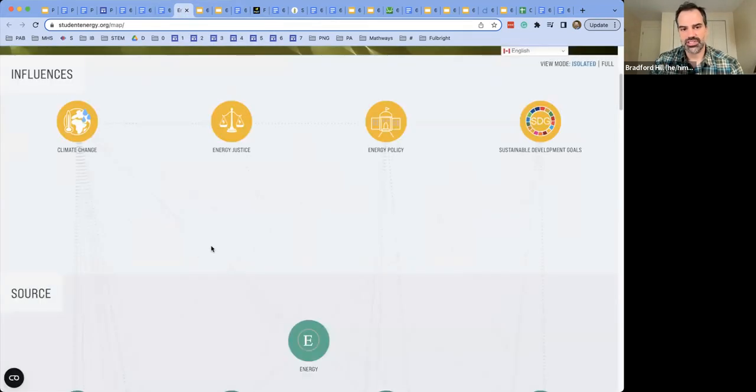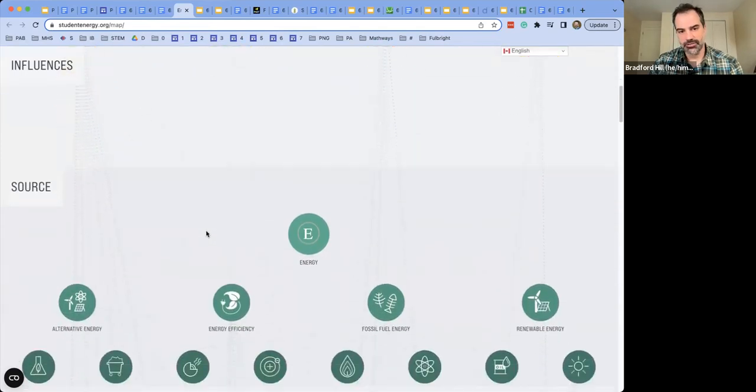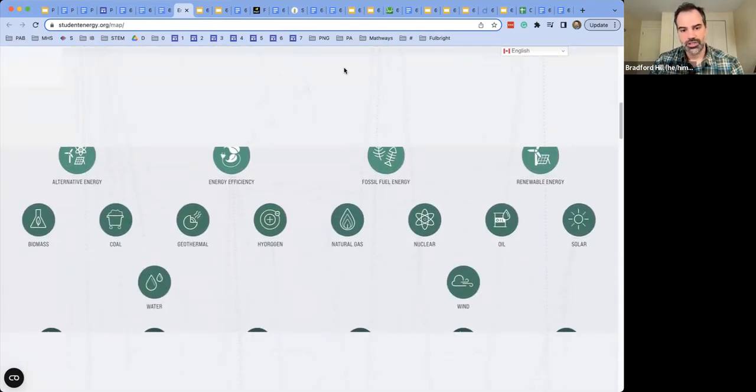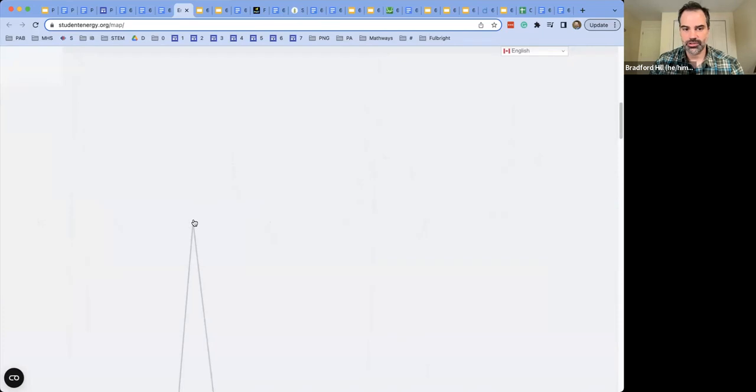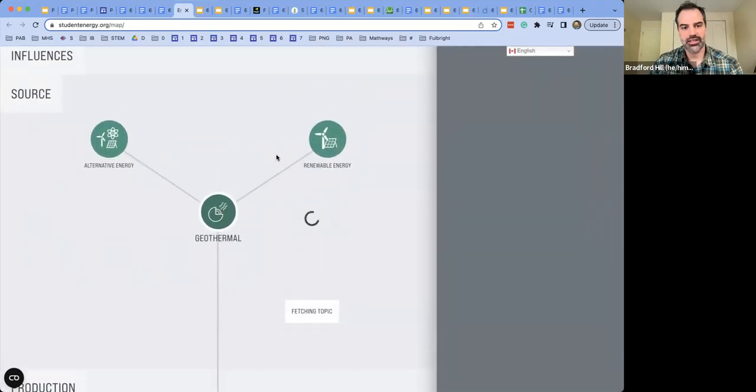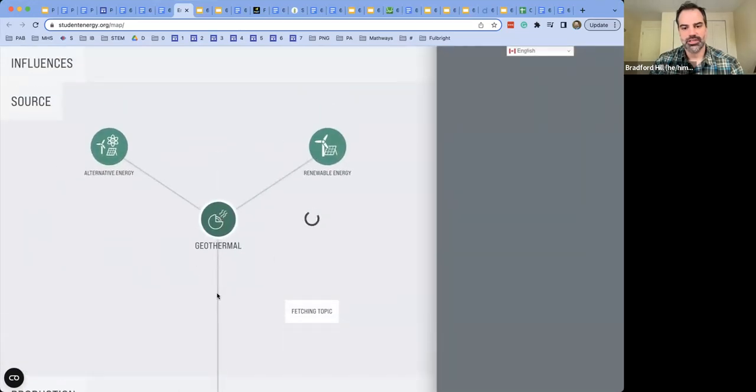And then they go to that website, which has a lot of great stuff. But just to show geothermal, whoa, it's acting up a little bit for me. Click on that, and it gets customized.